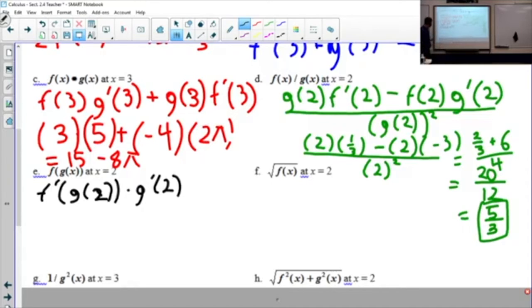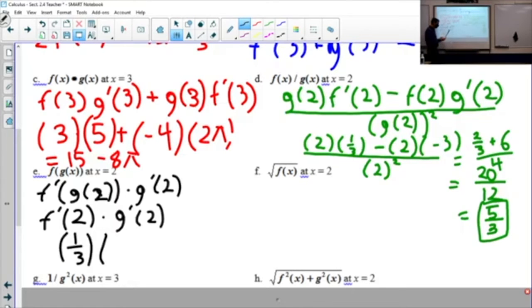We want f prime of g of 2, so that's f prime of, g of 2 is 2, times derivative of the inside part. So g of 2 is 2. That's why there's a 2 there. So f prime of 2 is going to be 1/3. And then g prime of 2 is -3. So those are going to cancel, and it's just going to be -1.